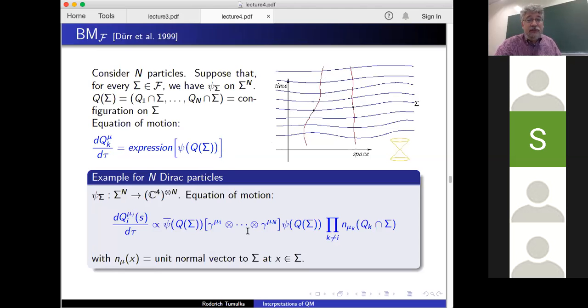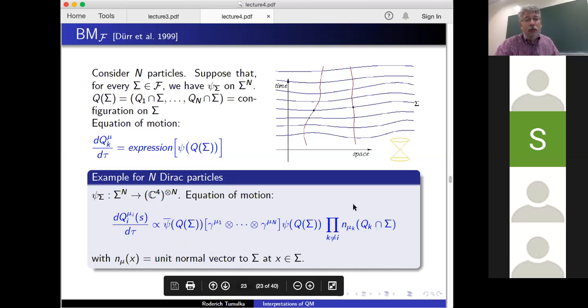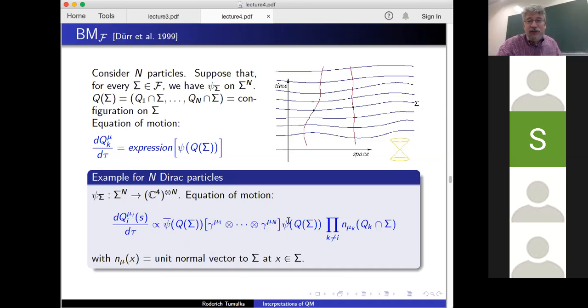So here is the formula for n Dirac particles, what it actually looks like. You see here psi bar, psi, so it's quadratic in psi. You have these gamma matrices here in the middle, and the other indices, the indices that you have too much, they're contracted with the unit normal vector.